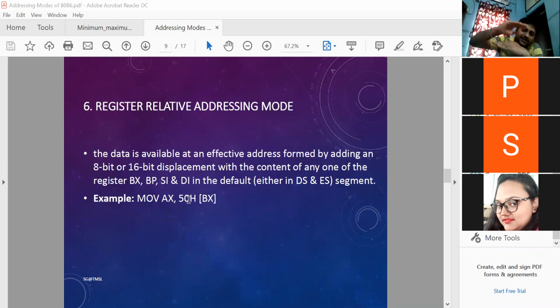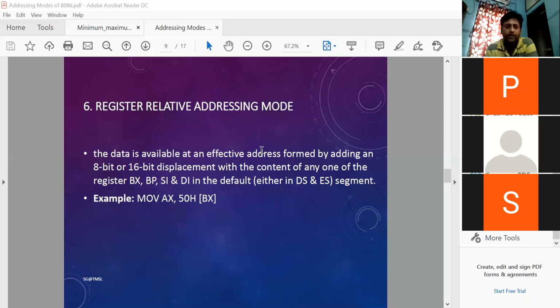This is called the offset. This offset can be given directly in some register, or it can be separated in two ways: one given as your displacement, another given inside your register. Is it clear, everyone?